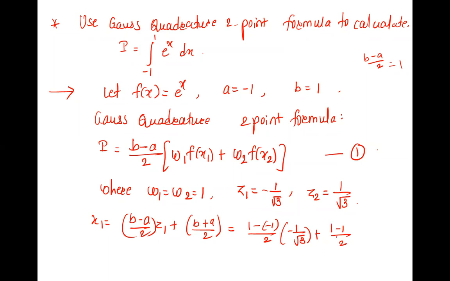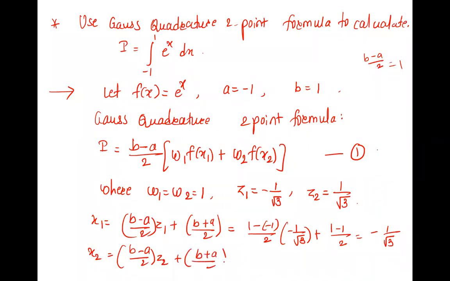This is 0, 0 by 2, 0. 1 plus 1, 2 by 2, 1. 1 into minus 1 by root 3. So it is minus 1 by root 3. So if the integration limits are minus 1 to 1, x1 is z1 itself and x2 is z2 itself.